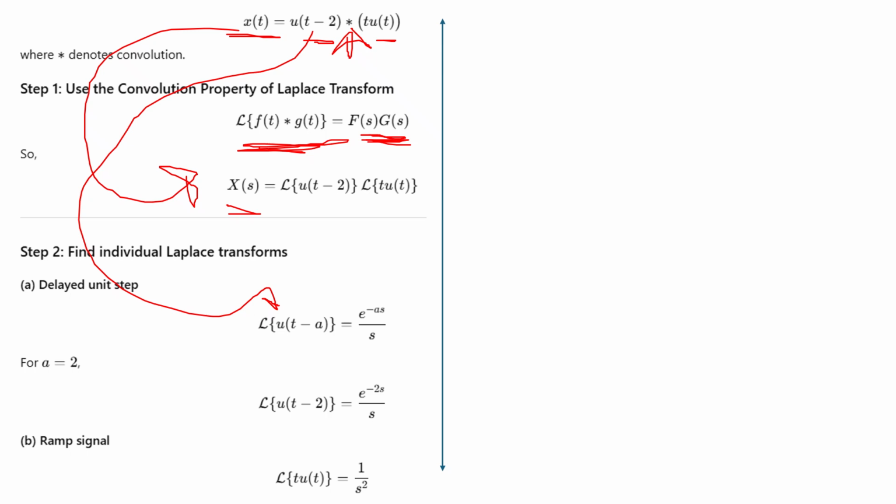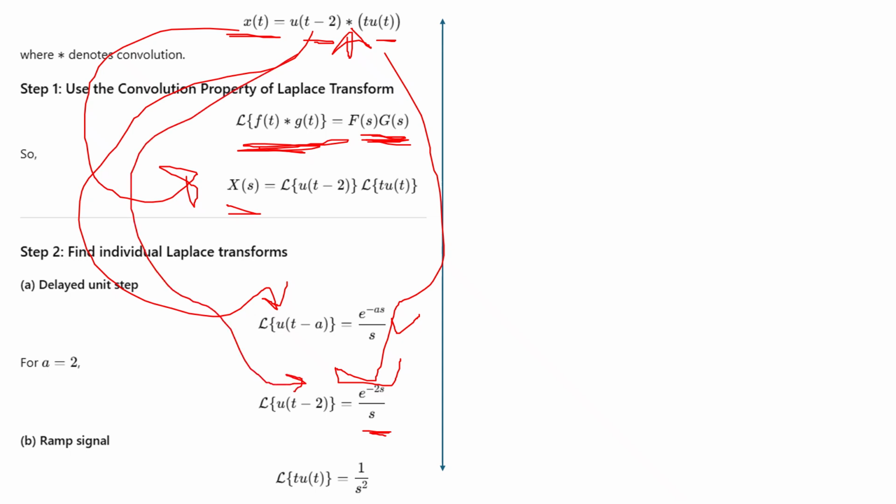The first part is the Laplace transform of u(t-a). As per the properties, it will be equal to e^(-as)/s, so for u(t-2) it is e^(-2s)/s.